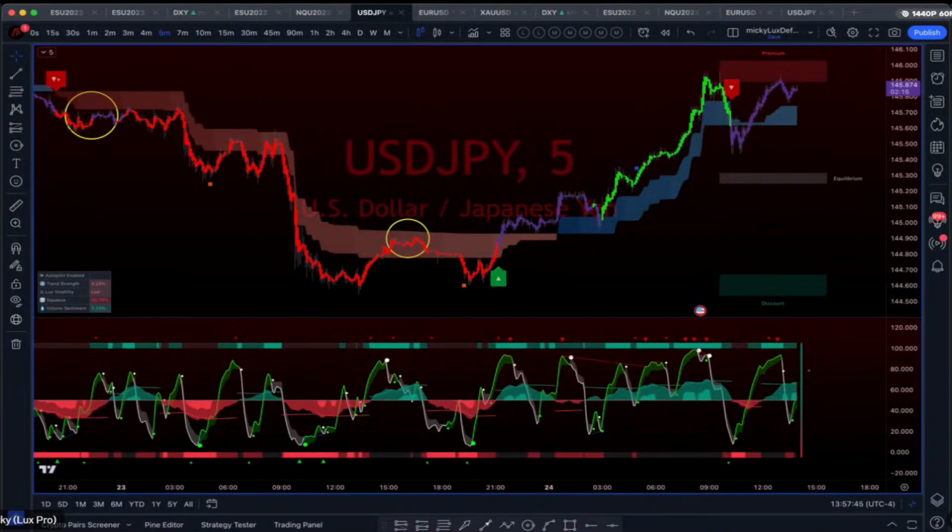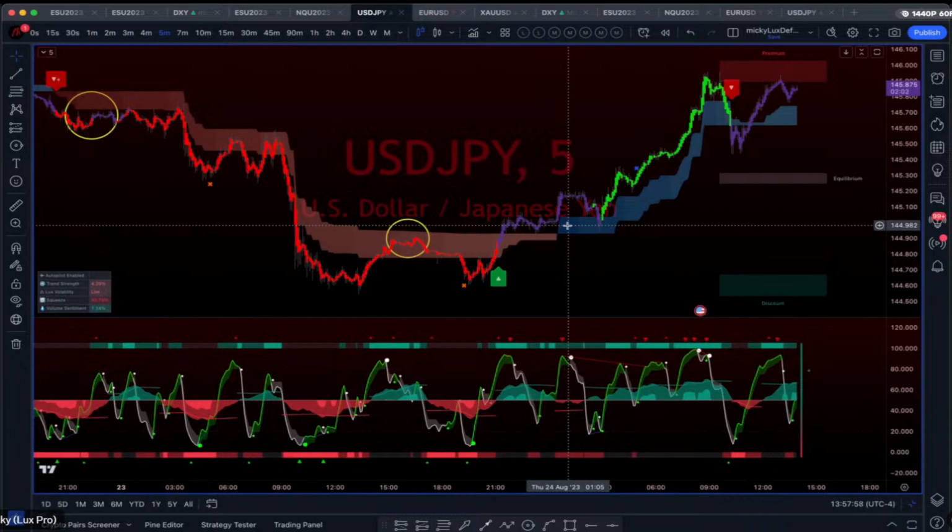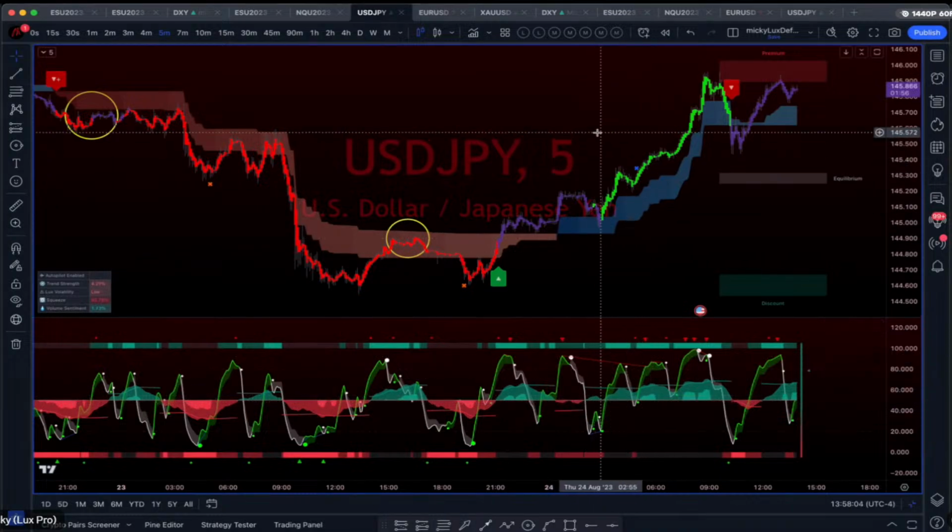If you wanted to wait for NeoCloud to flip it back up, there's your entry somewhere in here, right? If you wanted to wait for money flow in addition to NeoCloud, there's the money flow. It would have been somewhere in here too as well, right?